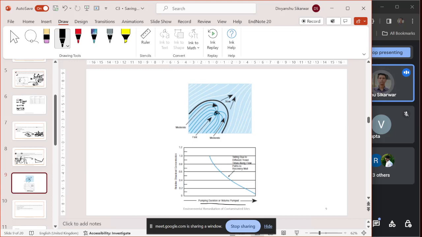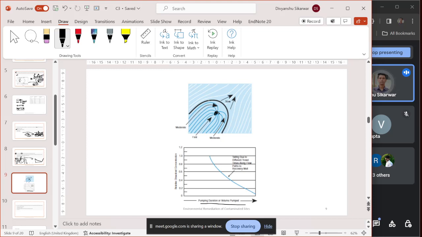Basically, this well can capture contaminant in this zone, up to this zone. The major reason for the tailing effect is that near the well, the velocity of the contaminant flow is very high because the suction force experienced by the particles near the well is high.